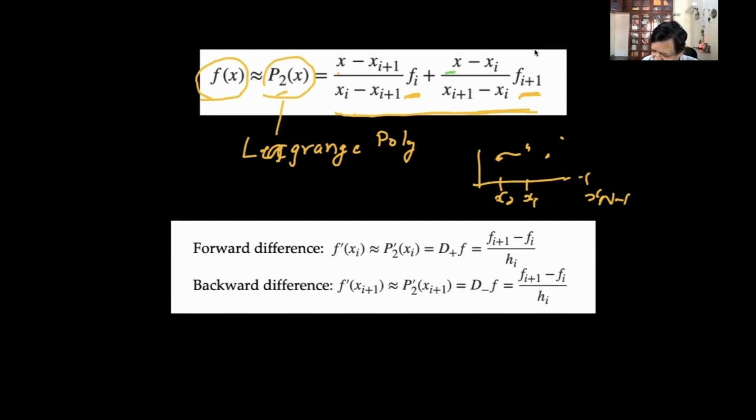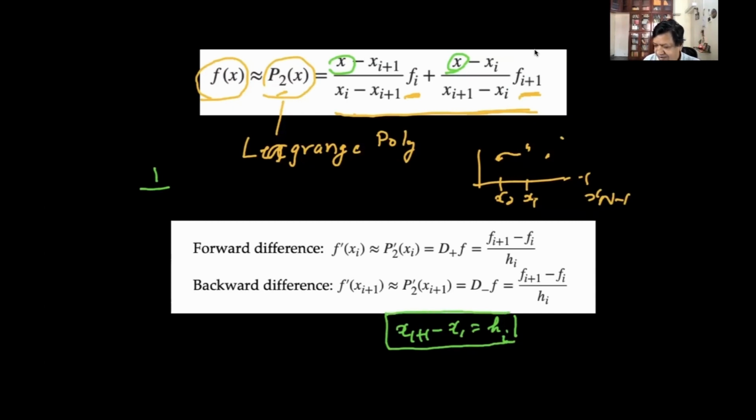So this is linear. It basically has 1 in the numerator, and the bottom will be x_i minus x_(i+1). Now I use the notation x_(i+1) minus x_i equal to h_i. That's my notation.